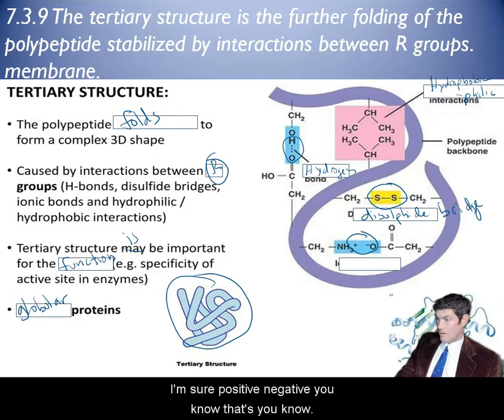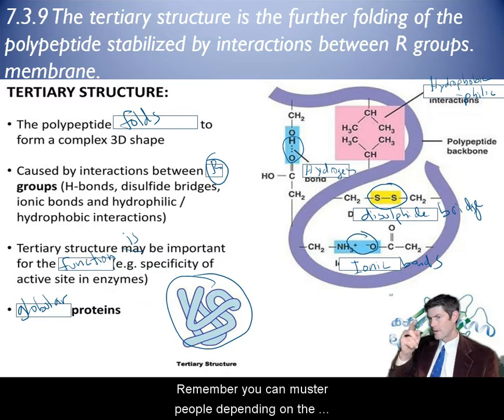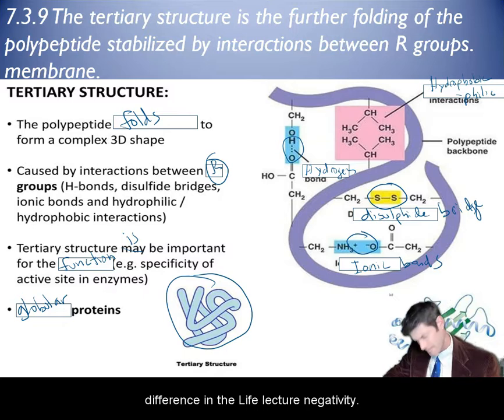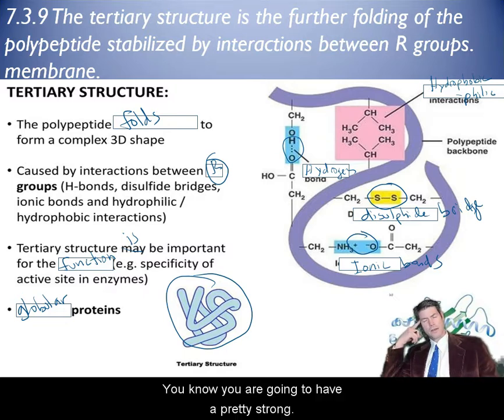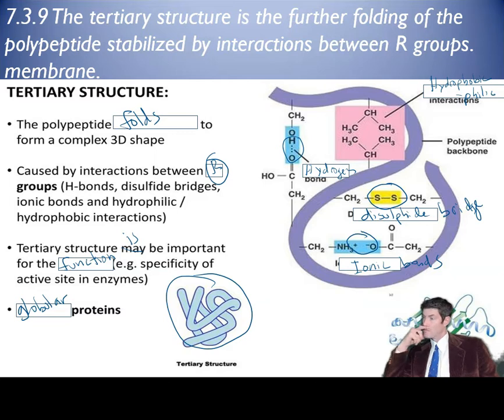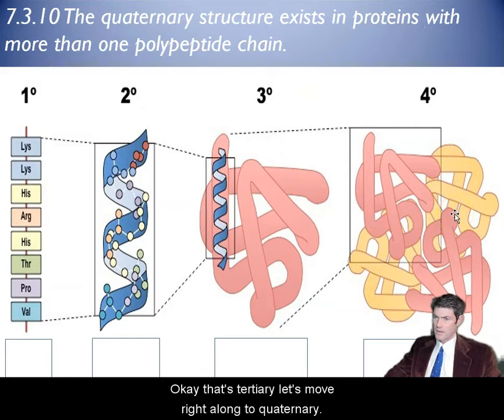You'll know those are ionic bonds. Not terribly strong, depending, remember you chemistry people, on the difference in electronegativity. If you have a big difference, you are going to have a pretty strong bond right there. Okay, that's tertiary. Let's move right along to quaternary.